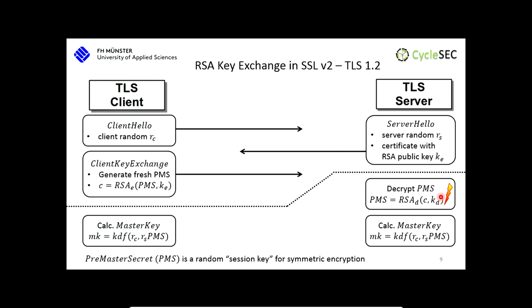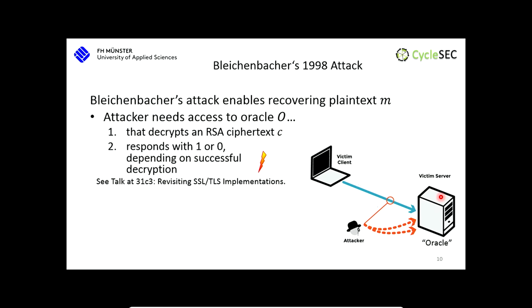Right? So that's important. What I need to mention here is this decryption can fail. When the attacker sends, let's say, an arbitrary ciphertext, some junk data or so, the server first has to decrypt this ciphertext in order to find out whether this is a valid pre-master secret or not. Okay. So in order to conduct the Bleichenbacher's attack, we need an oracle.